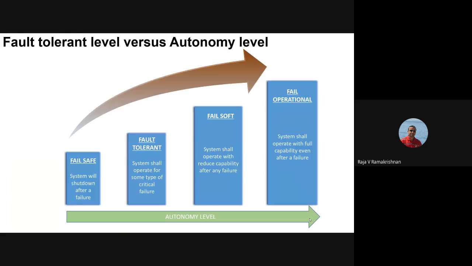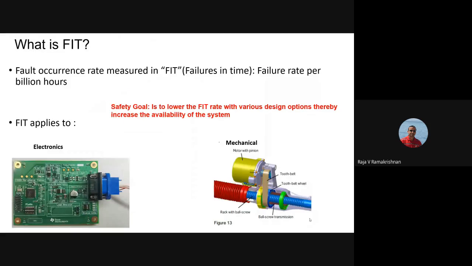Now, when you talk about safety, the first important term when we try to understand how to design is that you cannot design all your parts. You need to understand, first of all, in, say, the steering system, which parts are electronic, which are mechanical, which are software, and which is more safety problematic.